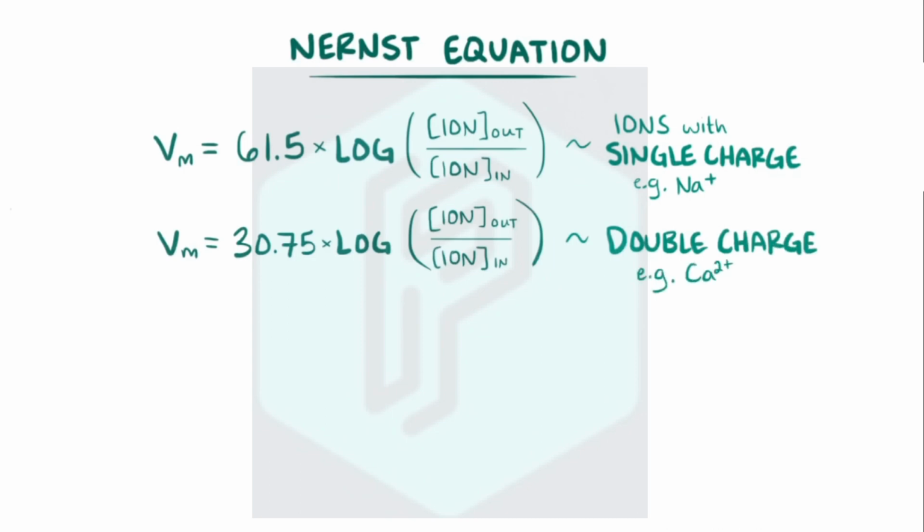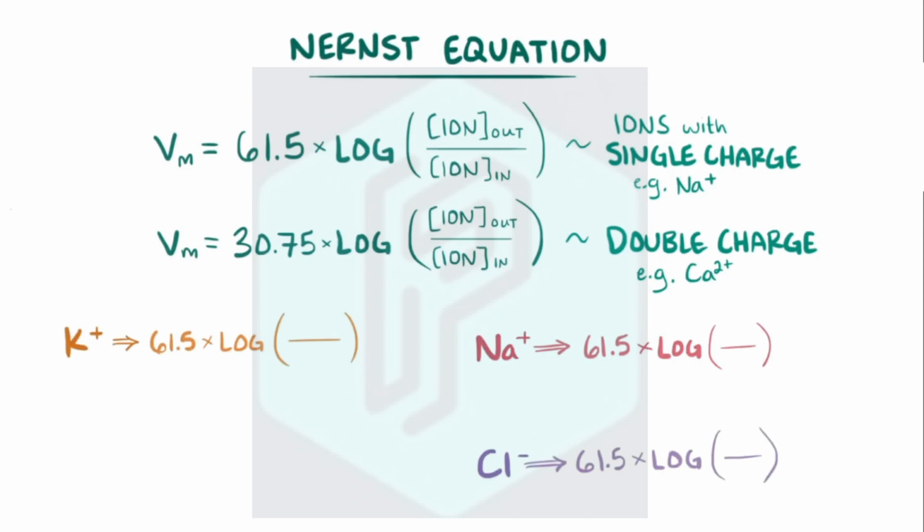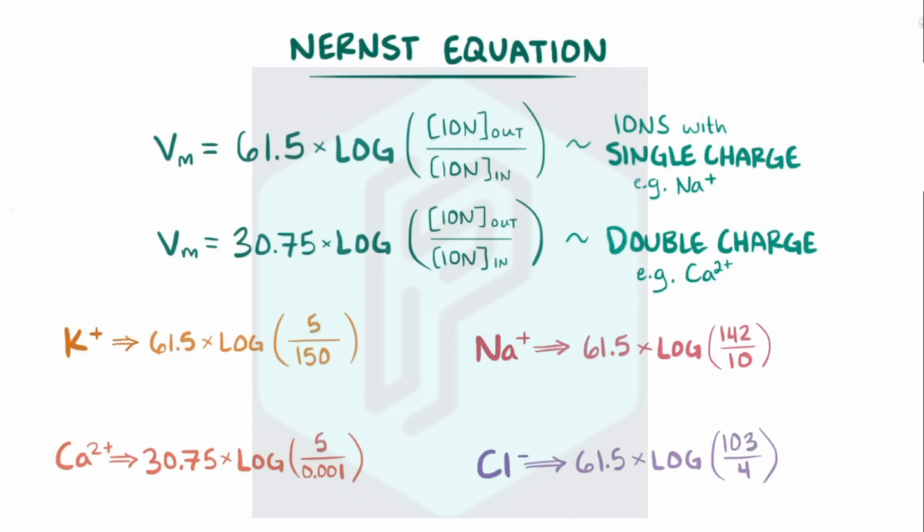For the 4 main ions that affect the cell's resting membrane potential, which are potassium, sodium, chloride, and calcium, the concentrations are 150 millimoles per liter, 10 millimoles per liter, 4 millimoles per liter, and less than 1 micromole per liter on the inside of the cell, and 5 millimoles per liter, 142 millimoles per liter, 103 millimoles per liter, and 5 millimoles per liter on the outside of the cell.